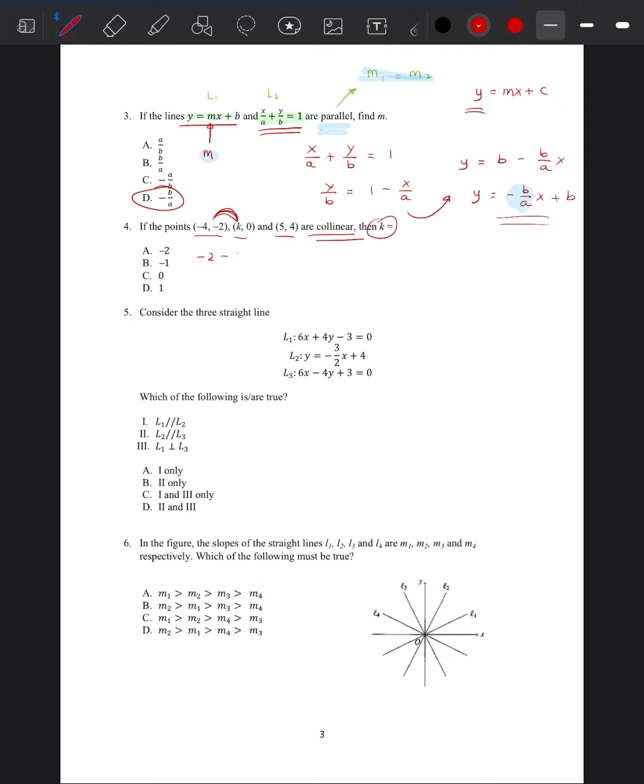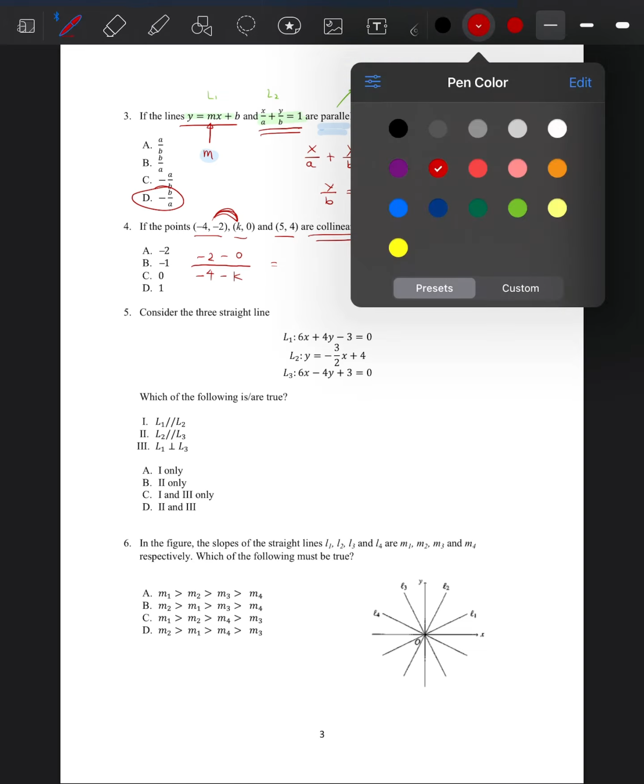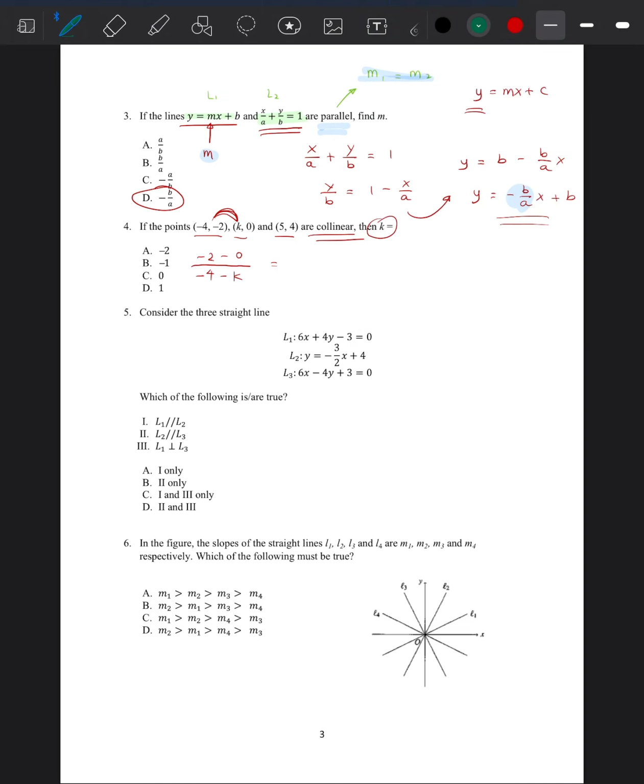So minus 2 minus 0, the y coordinate is on top, and then in the same order, the x coordinate at the bottom. And on the other side, it doesn't matter which 2 combination you put, but it's easier if I just have one side with the unknown.